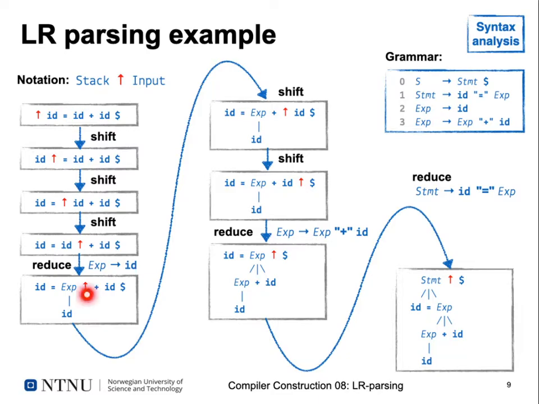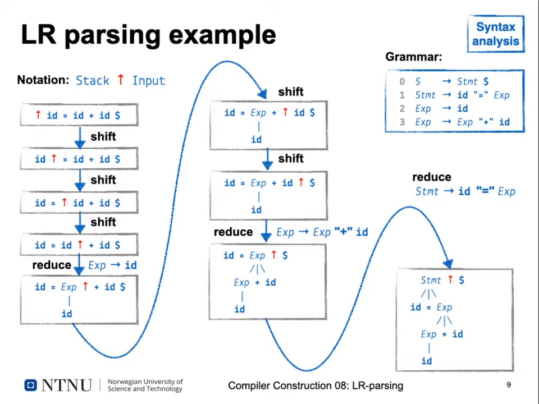We're still at this point of the input stream because reduction doesn't move our input pointer, so we can continue up here. Now we can decide to shift again. When we shift, we read ID equals exp plus. We have this part of the syntax tree again, of course, we don't throw it away. And we shift once more, so we have ID equals exp plus ID.